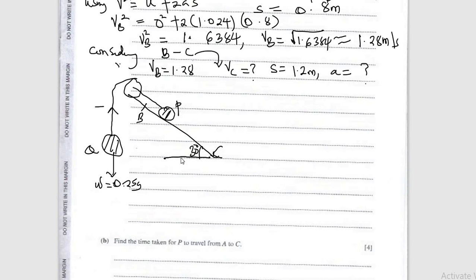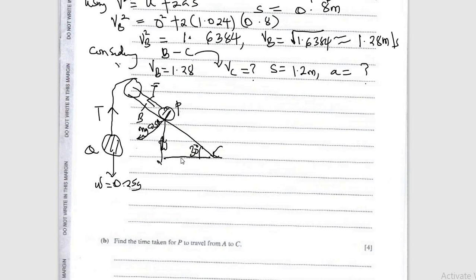Tension stretched out. Remember, it's a smooth section, so there is no frictional force. The only force, after resolving, this is the weight. When you resolve here, it's going to give you mg cos theta.